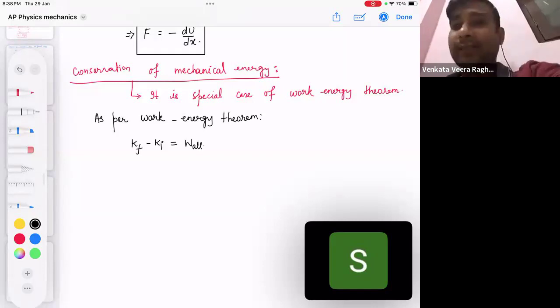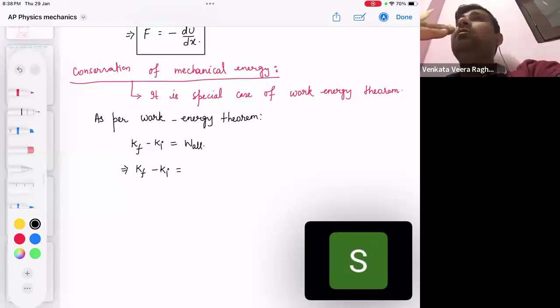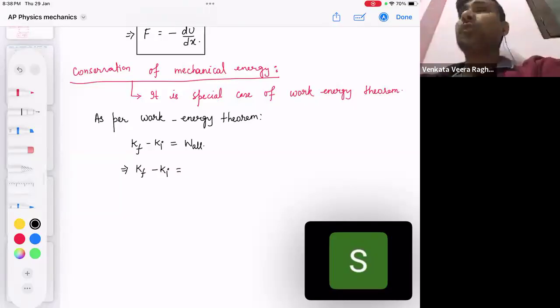Okay, let me write it something like this. Can I write it K final minus K initial equal to, all the forces are there in the equation, right? Let's say there are 4 forces acting on the body. Out of the 4, let's say 2 of them are conservative and another 2 are non-conservative.